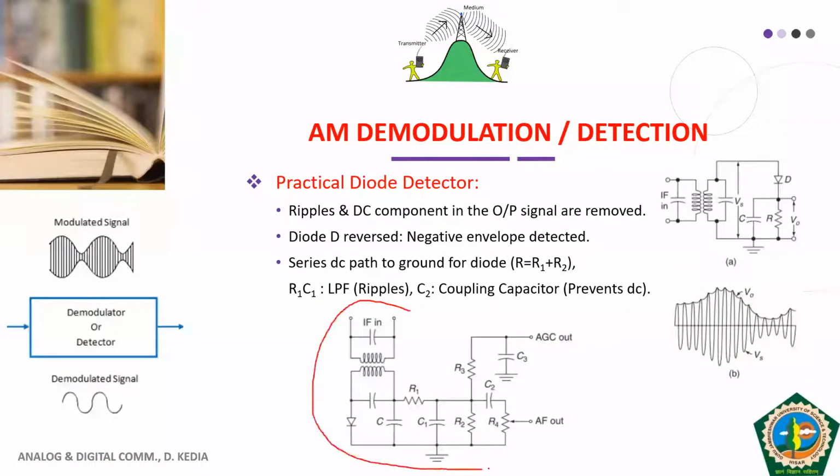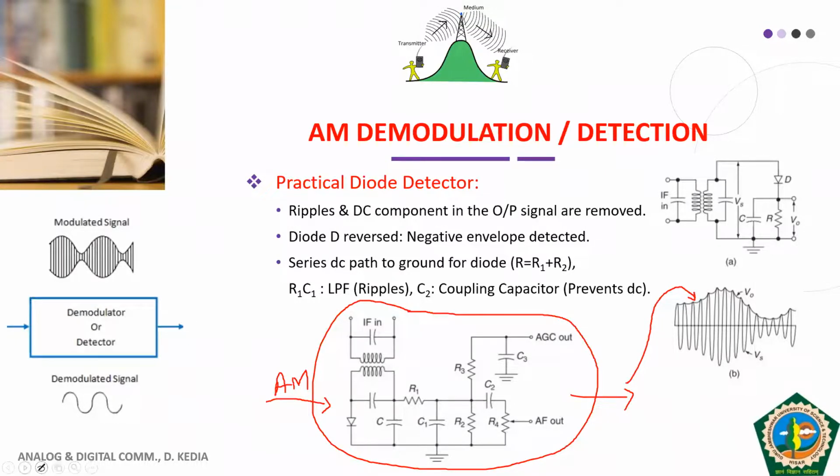We didn't use a carrier exclusively in the circuit. There is no carrier exclusively input into the circuit. Whatever modulated signal we got, we passed through this circuit, and at the output we recovered the demodulated signal. That's what we have done.